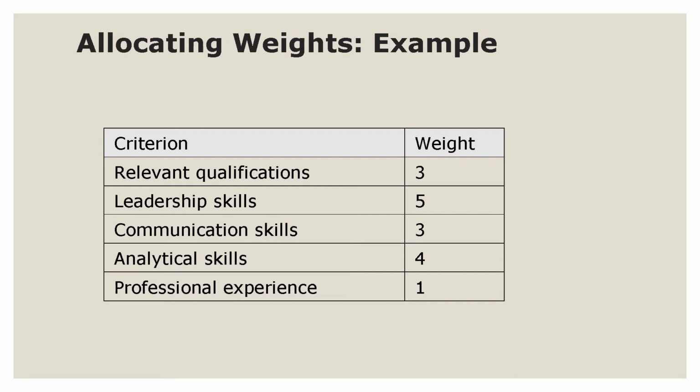So in allocating weights, we put a numerical value so that we will be able to see which among the alternatives or choices, or which among the qualifications of a manager, we need to prioritize more. Based on our example here, we have to look for the leadership skills of a potential new manager.